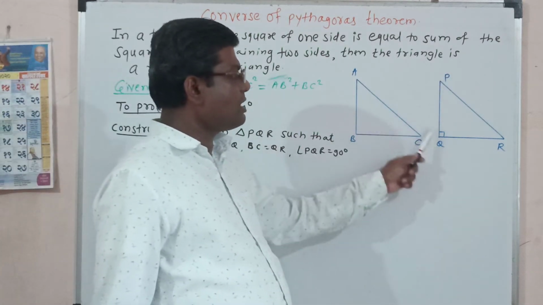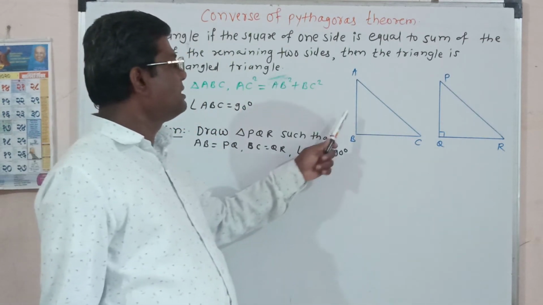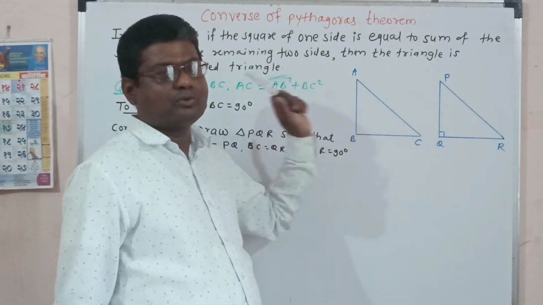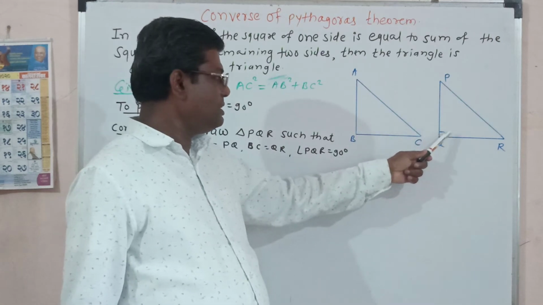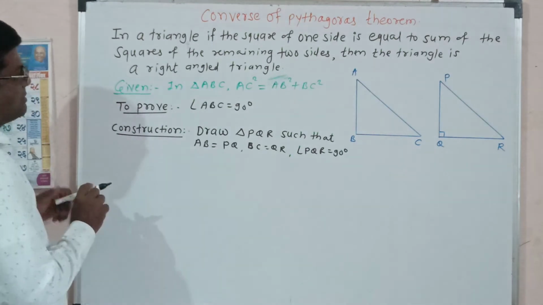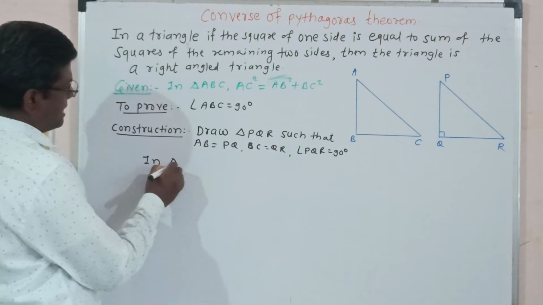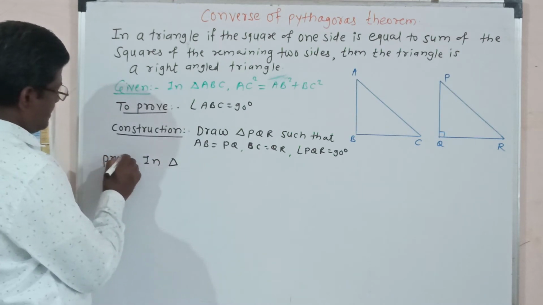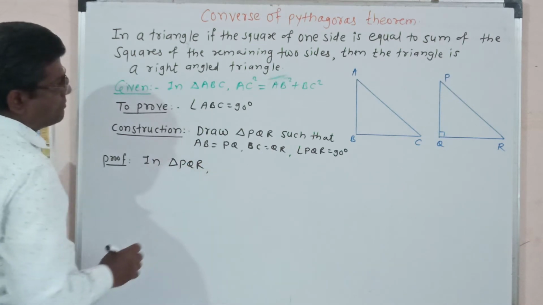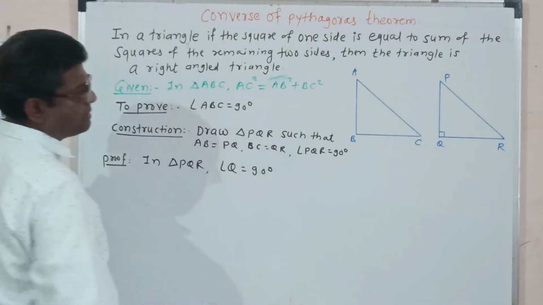Now consider another triangle PQR, in which AB is equal to PQ and BC is equal to QR, and angle Q is equal to 90 degrees. Then here, in triangle PQR, angle Q is equal to 90 degrees.